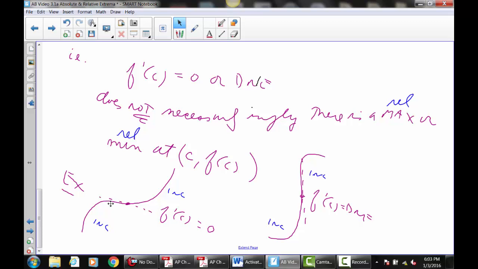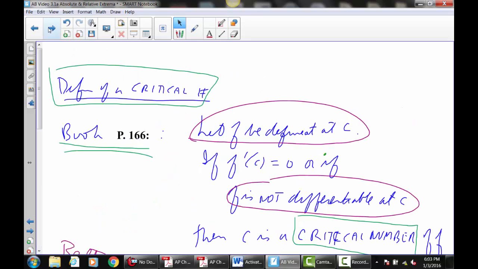Here's an example where your horizontal tangent line does not give a max or a min, and the reason is because the function's increasing on both sides. It's called a point of inflection. That'll come later. Here's one also where there's a vertical tangent line. The first derivative does not exist at that number. However, it's not a max or min because, again, the function increases on both sides.